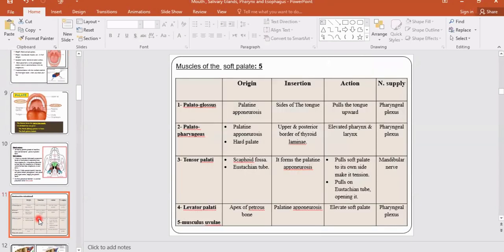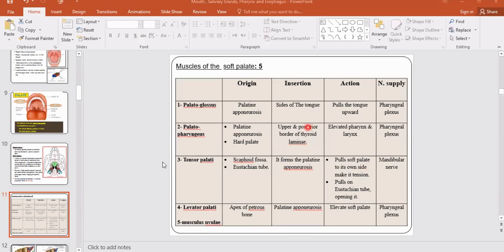Now these are the muscles of the oral cavity. Palatoglossus, just name them. Palatopharyngeus, coming to the pharynx. One which is tensing the palate during the swallowing process. Then one which is elevating the palate, levator palati, and musculus uvulae. That means these are the muscles of the palate. You only need to remember the names.